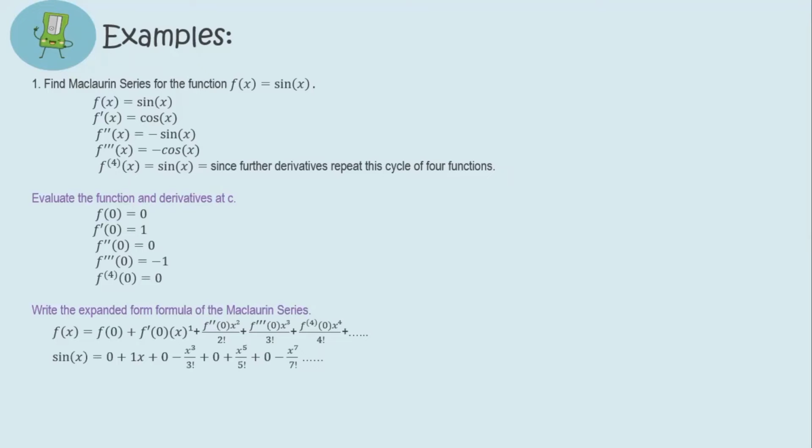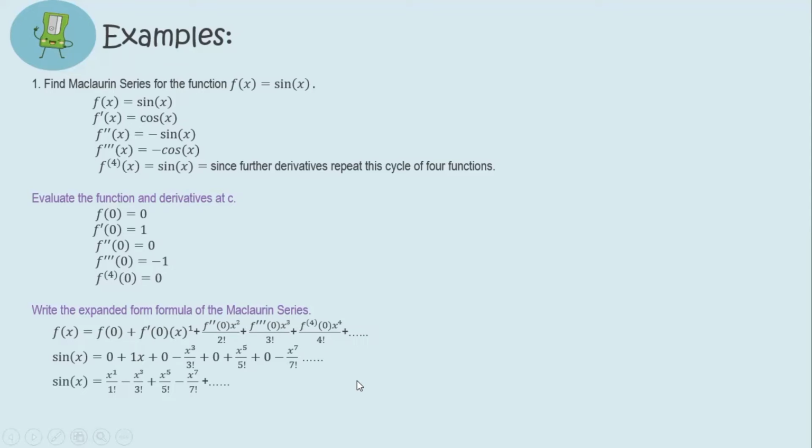Next, sine x is equal to 0 plus 1x plus 0 minus x cubed over 3 factorial plus 0 plus x to the power of 5 over 5 factorial plus 0 minus x to the power of 7 over 7 factorial. Just substitute every derivative from the second step.